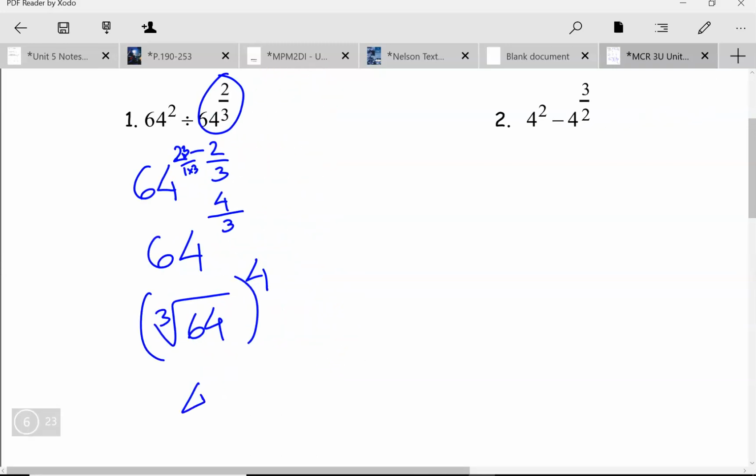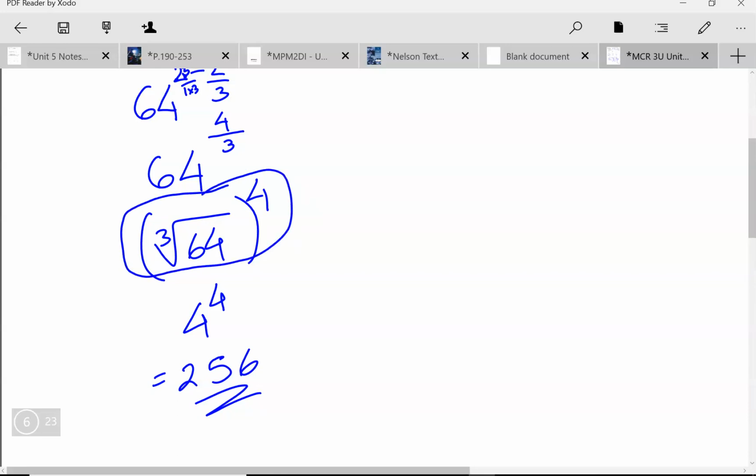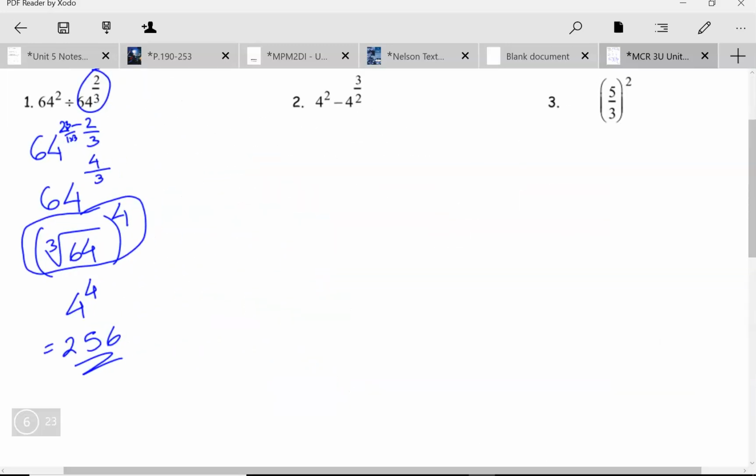Cube root of 64 is 4 to the power of 4. 4, 16, 64. 64 times 4 is 256, I believe. And that's the full answer, because this was my simplest terms. I can't really simplify that anymore, so I'm evaluating at that stage in my calculation.